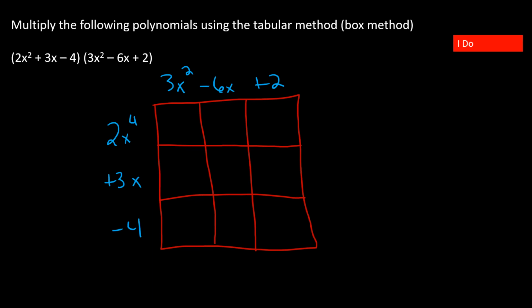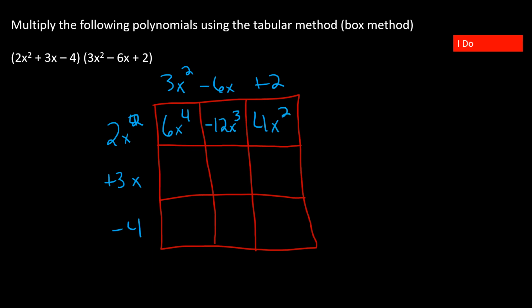So to get this first box here, we're going to have, oh, I'm sorry, this should have been a squared. 2x squared times 3x squared would be 6x to the 4th. 2x squared times negative 6x would be a negative 12x cubed. 2x squared times 2 would be 4x squared.